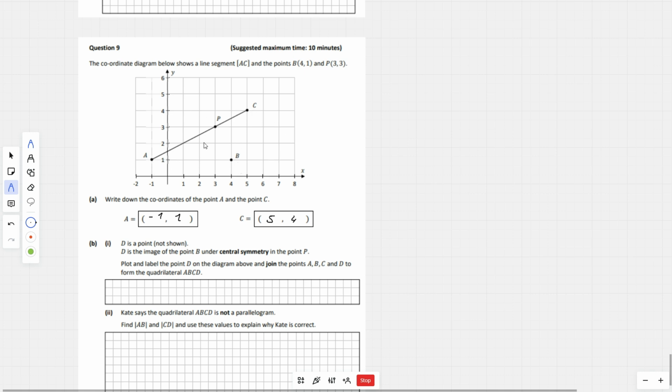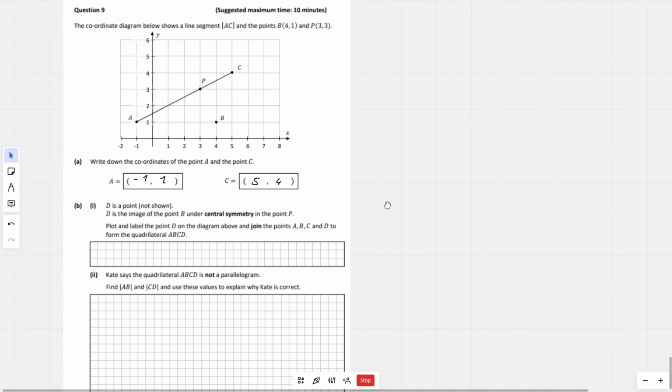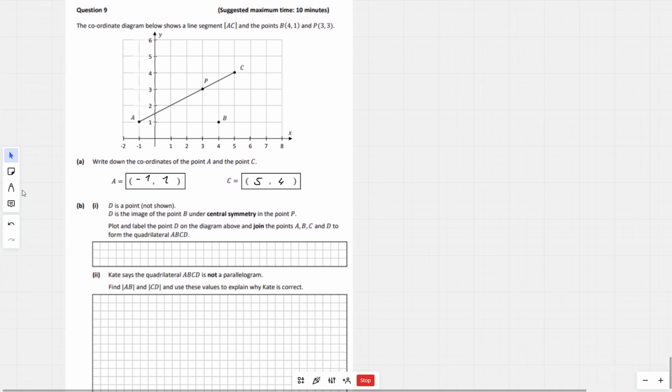Across 5, up 4. For B, part 1, we are told that D is a point that's not shown. D is the image of the point B under central symmetry in the point P. What that means is that we have to think what would happen if it was sort of a mirror shape.